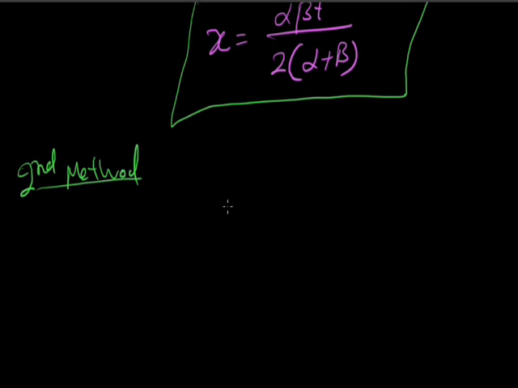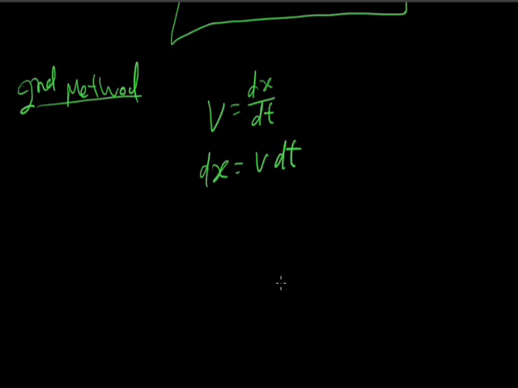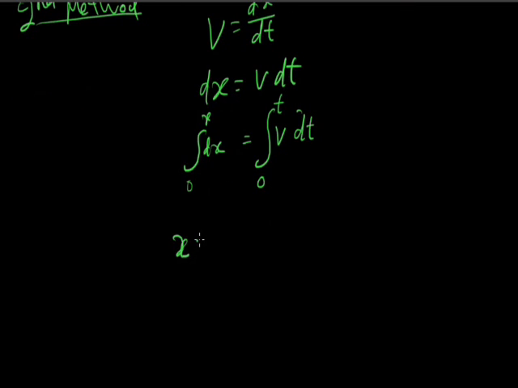The second method to find the displacement: we know that v is equal to dx by dt. So dx is equal to v dt, and we have to find x. So integration of dx from 0 to x is equal to integration of v dt from 0 to the total time period t, and here v is equal to alpha beta t upon alpha plus beta.